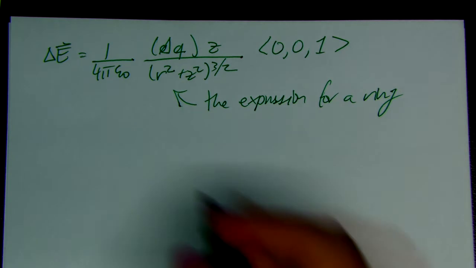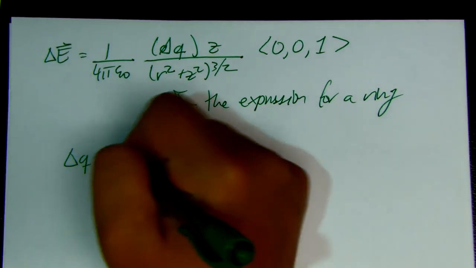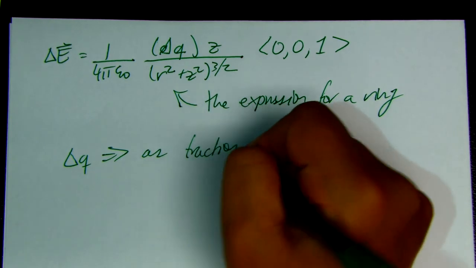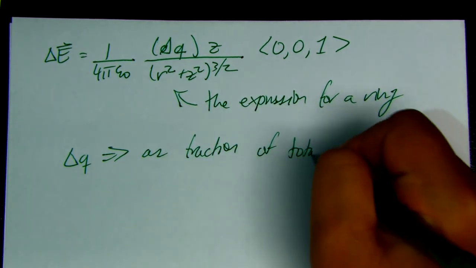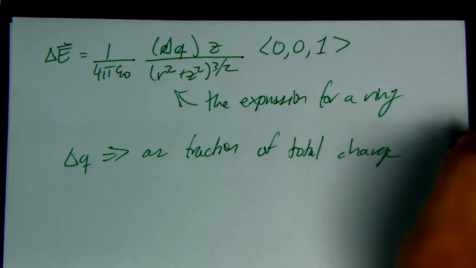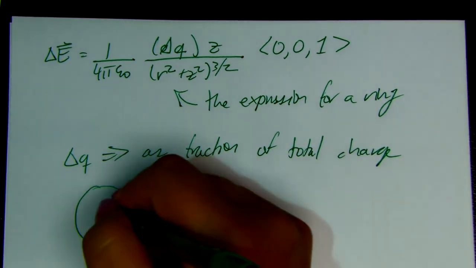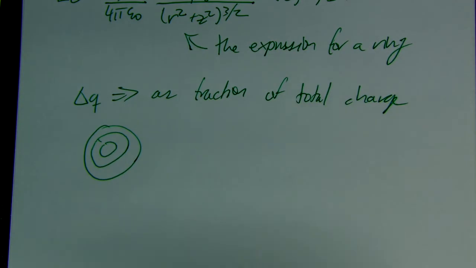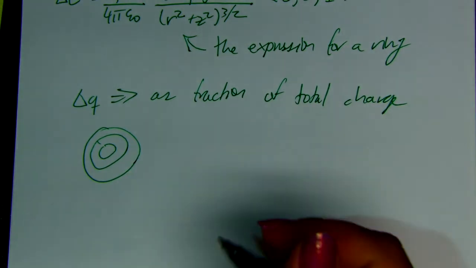Okay, so now we need to look at delta Q as a fraction of the total charge. Now this is going to be a little bit different because if we look at the size of the different rings, we can see they're not all the same size. So we need to have a different way of approaching this.